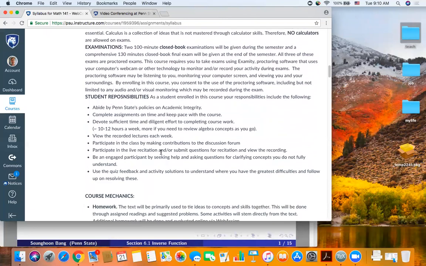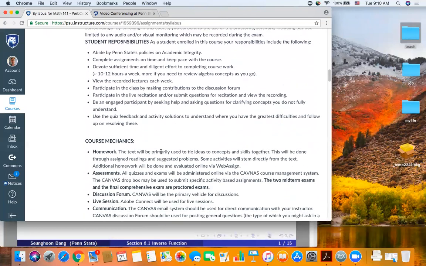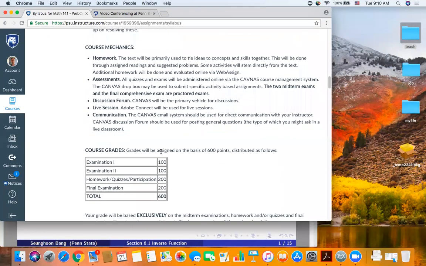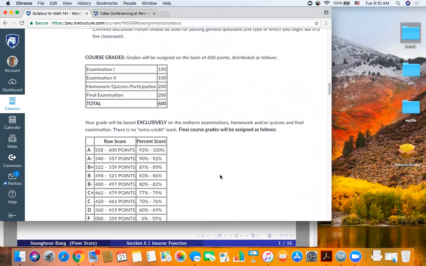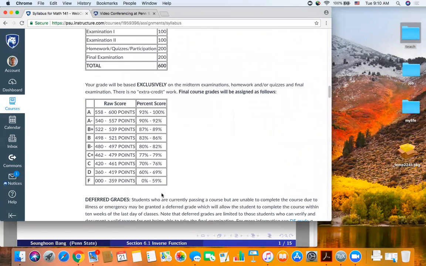This is some of your responsibilities. You can read it by yourself. This is the exact grade. Exam 1 is 100 points. Exam 2 has 100 points. Homework and quizzes are 200 points. The final exam is 200 points because the final exam is cumulative. This is the grade scale.